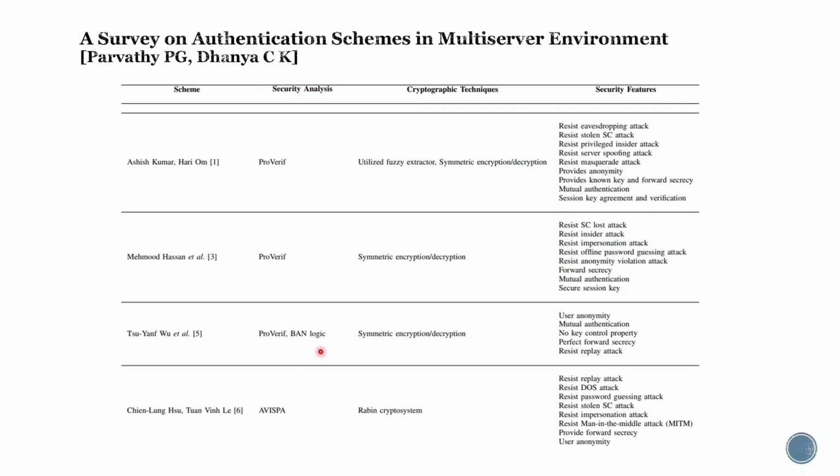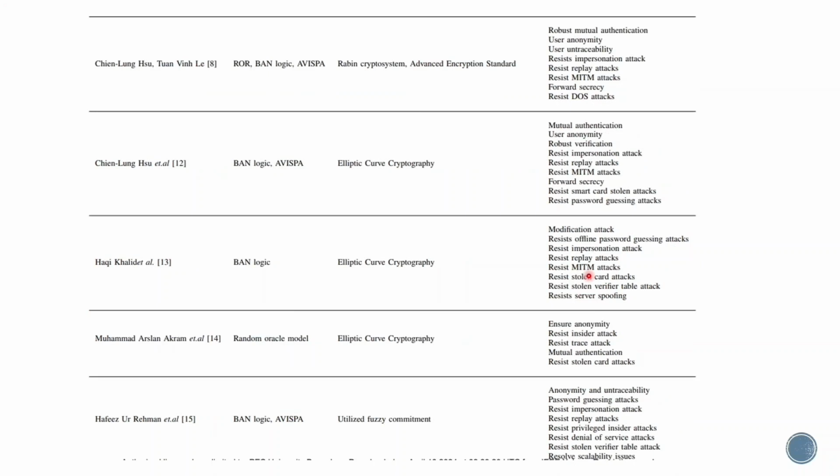Most of the protocols are using these security analysis schemes, and the cryptographic techniques used in these protocols are symmetric encryption, decryption, a fuzzy extractor, etc. And the security features are also mentioned in this paper. Similarly, the other protocols mentioned in that paper.